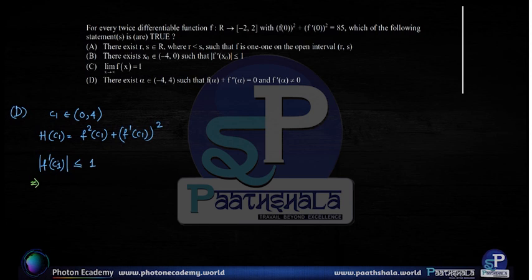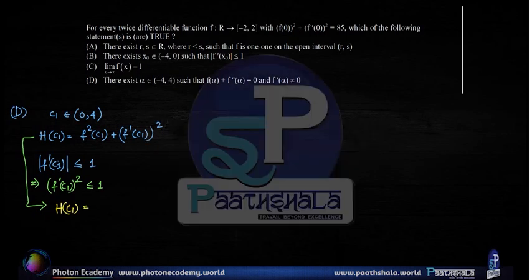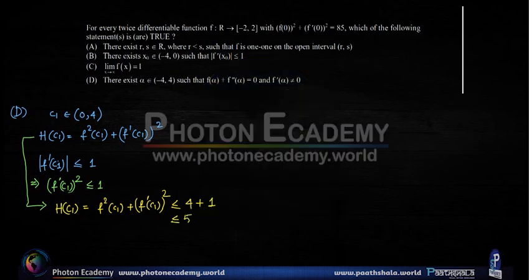That implies f dash C1 square is always less than or equal to 1. So, we have h of C1 is equal to f square C1 plus f dash C1 square, which is again less than or equal to 4 plus 1, less than or equal to 5.